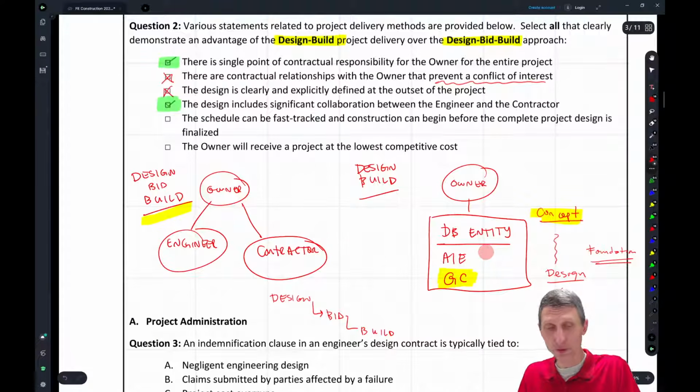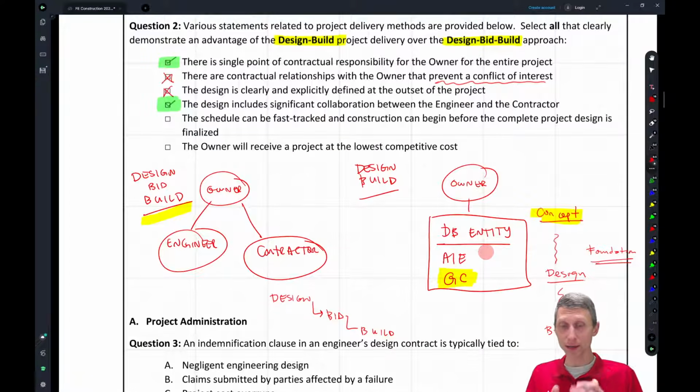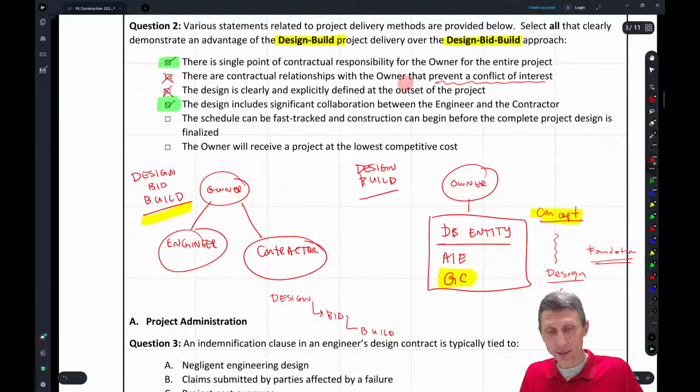So this is a finish to start dependency. Whereas with design build, these can start to overlap. So instead of having these distinct and discrete pieces, we're doing the design and we're doing the build, but they don't have that same finish to start dependency. So there's going to be some offset here.